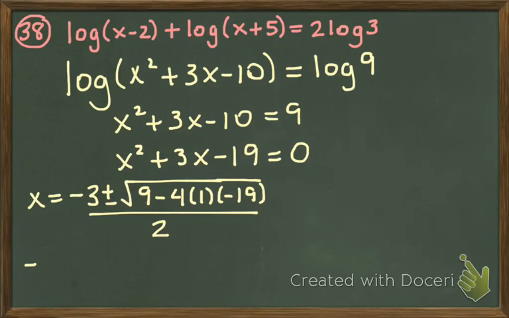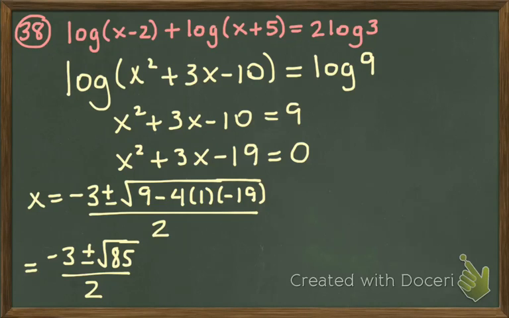And then that cleans up to negative 3 plus or minus, and then we'll get that in a second, over 2. And when you do 9 minus 4 times negative 19, you add that together because the two negatives cancel, and you get 85. So that's the square root of 85.